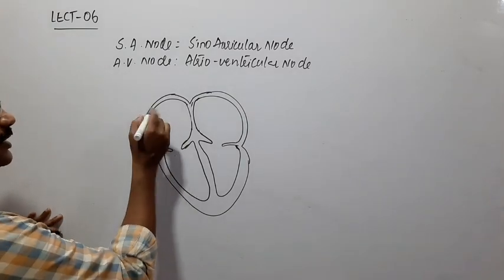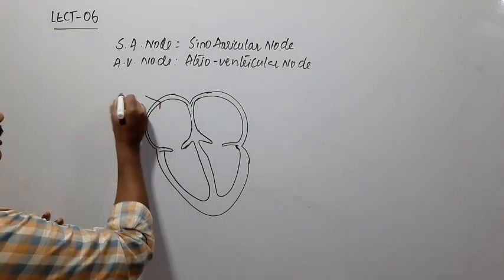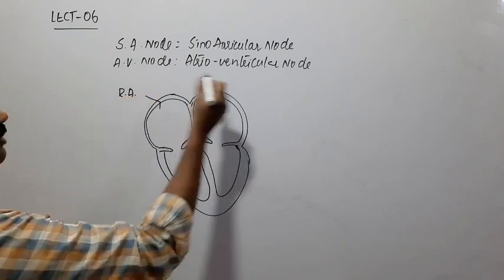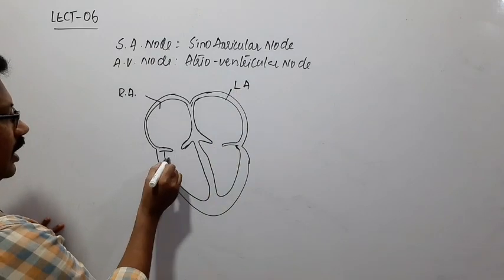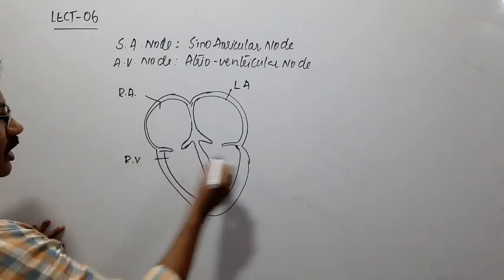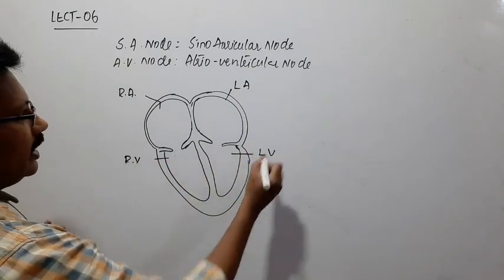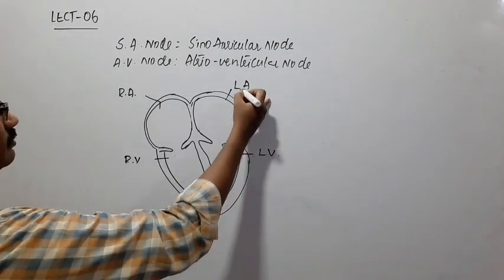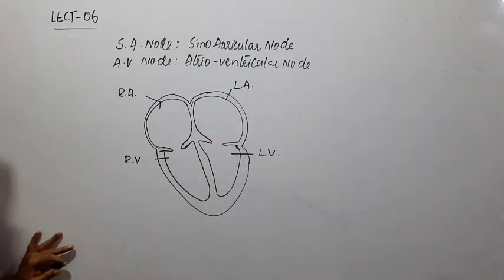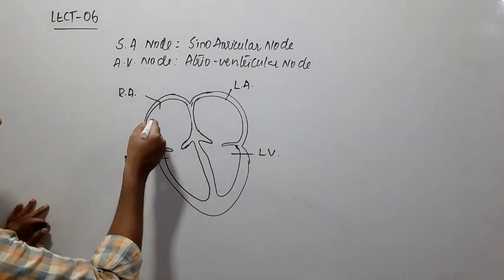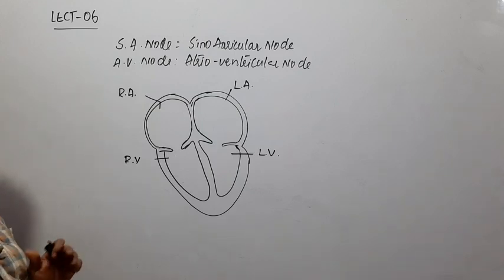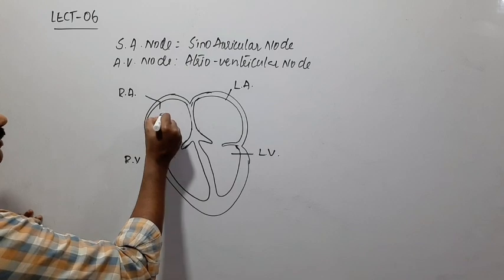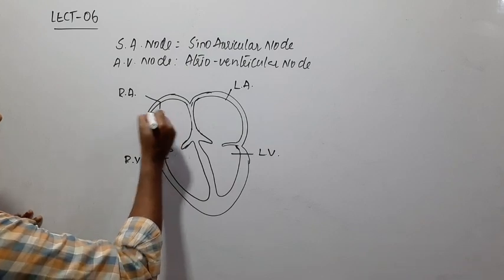So here we know this is the right atrium, and this is the left atrium, and this is the right ventricle, and this is the left ventricle. Okay, so here in the right atrium near the opening of superior vena cava, which we have seen in the last session, here we have a small group of cells.